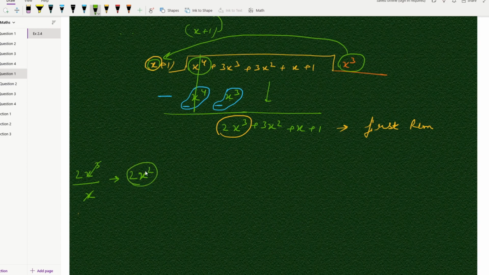Now we'll keep this 2x square here and we will multiply in the next step this 2x square with x plus 1. So let us multiply them. 2x square into x plus 1. So this is 2x square into x and 2x square into plus 1, that is 2x cube plus 2x square.